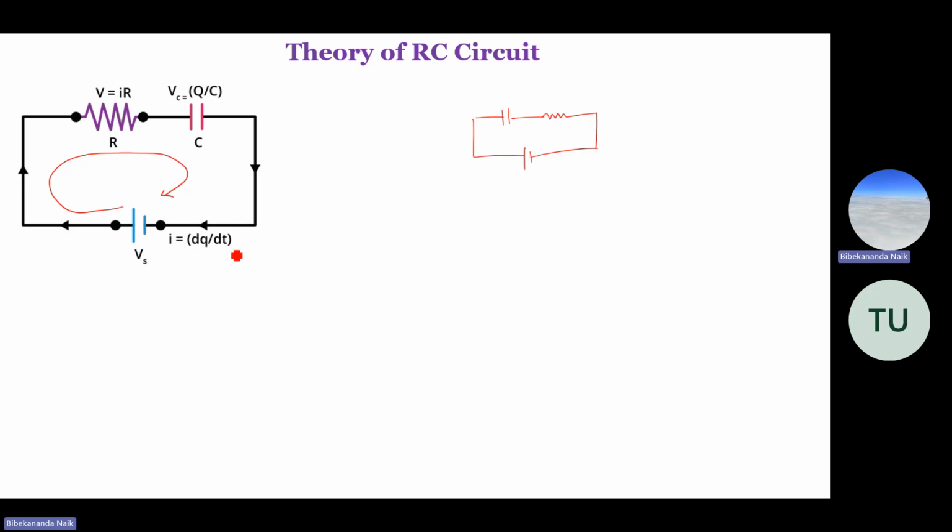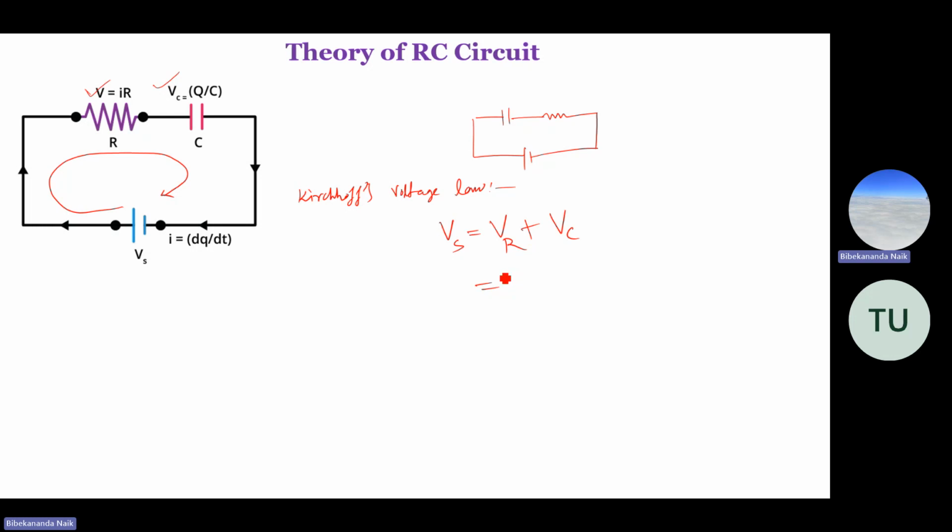Now if this current is I, then if you put Kirchhoff's voltage law here, Vs will be equal to the voltage drop across the resistor plus the voltage drop across the capacitor, VR plus Vc.